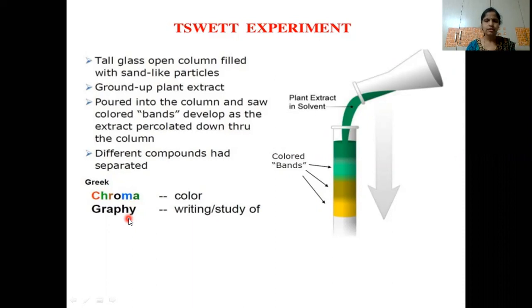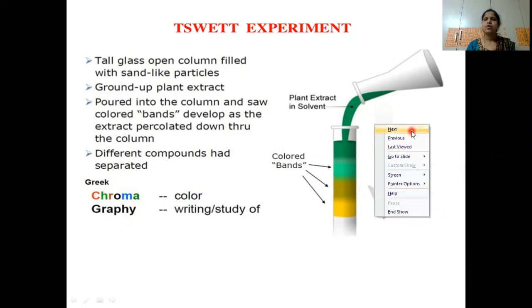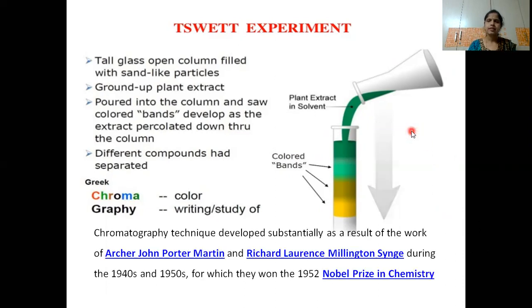But later on, other scientists developed this chromatography technique, and various techniques evolved after that. Those are TLC, column chromatography, HPLC, GC, etc. The scientists who did more work on this technique were Martin and Synge.